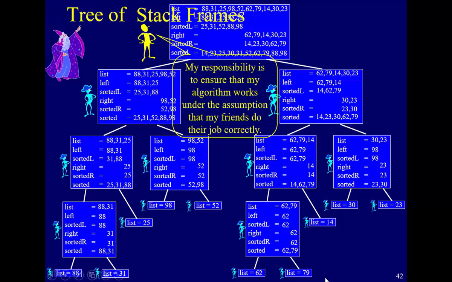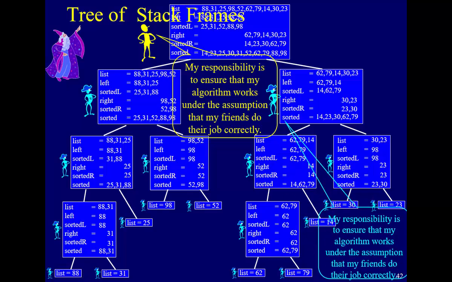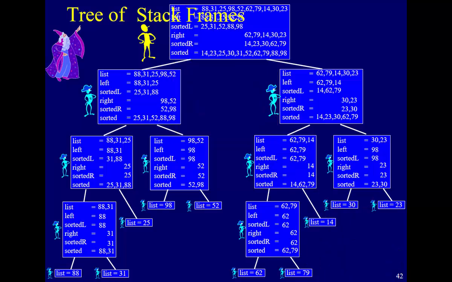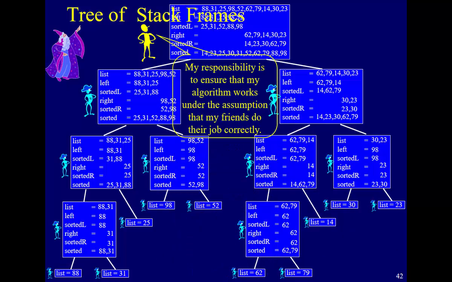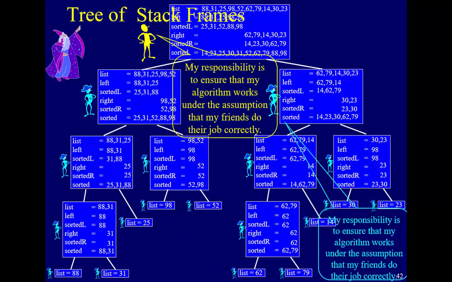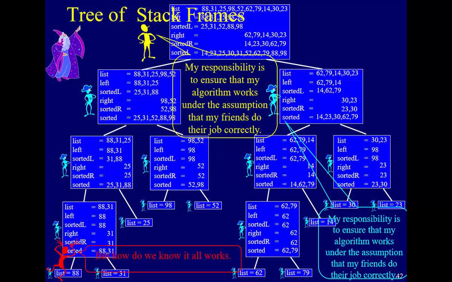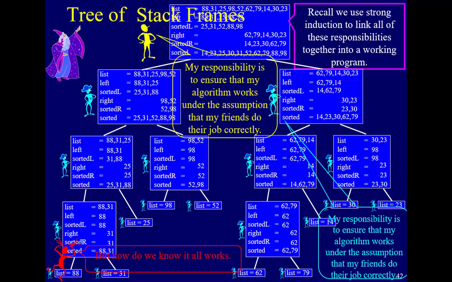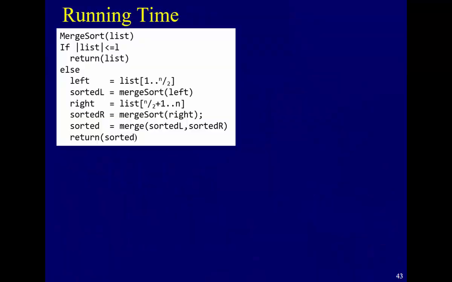Well, you have to make this, and then I don't know. I'm kind of addicted. All right? So what are we saying? We have this tree of stack frames, and each stack frame is responsible for itself, right? But we put it all together using induction so that it works. All right? So, everybody get that?